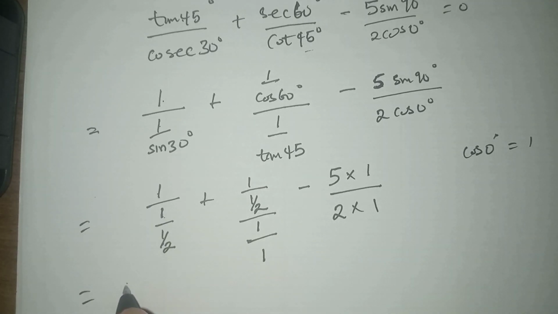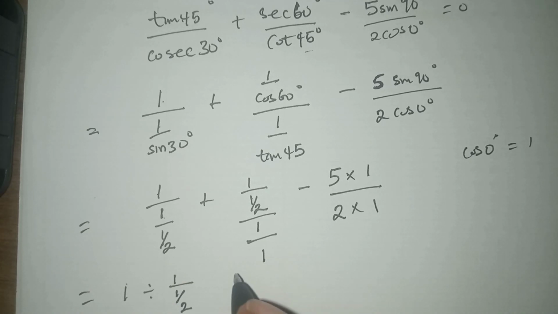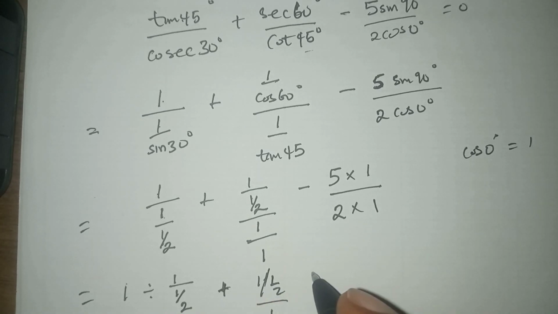So this is 1 divided by 1 over 2. Then 1 divided by 1 over 1 over 2, plus 1 over 1 over 2 divided by 1. It's just so as to simplify it. This is 5 times 1, 5, and 2 times 1, 2. So this is 1 times 1 over 2.